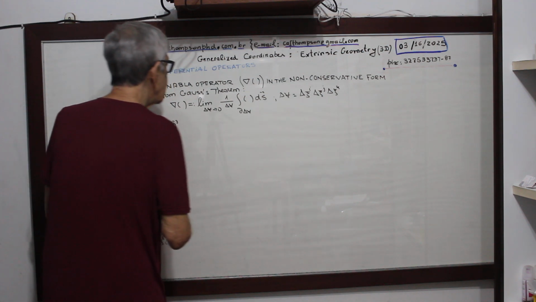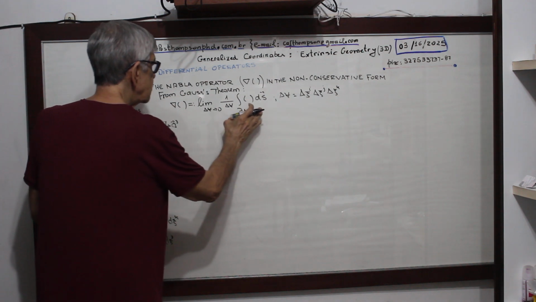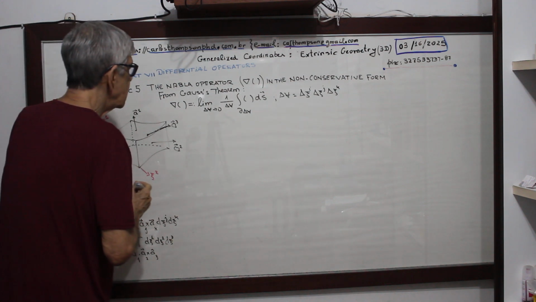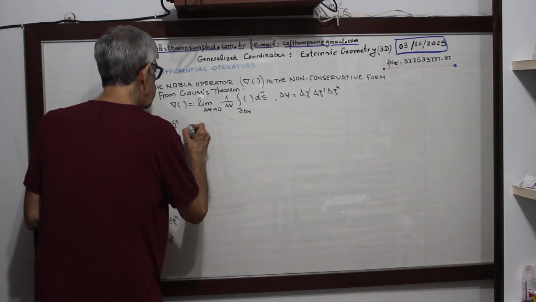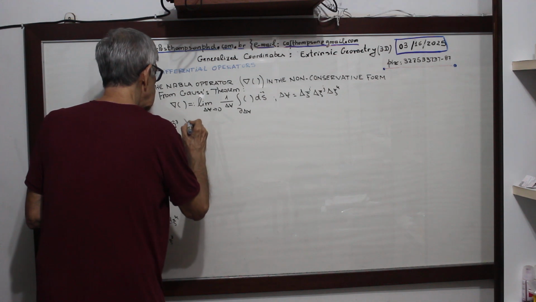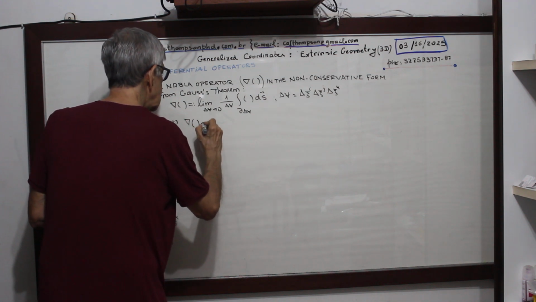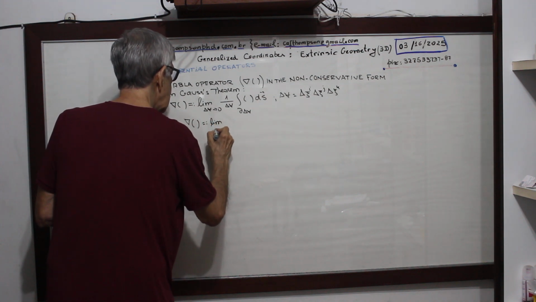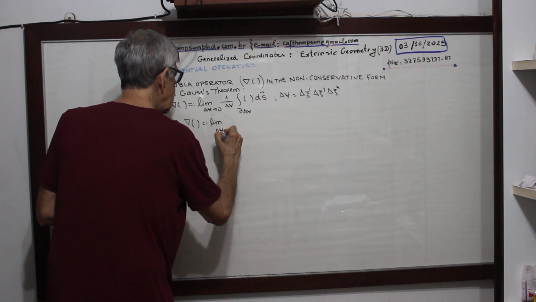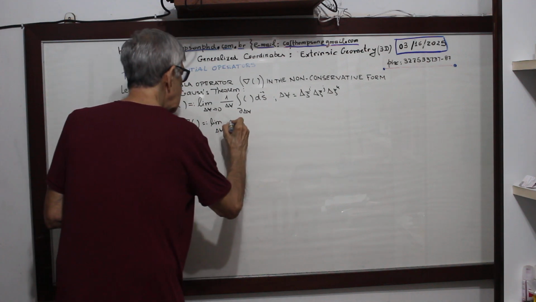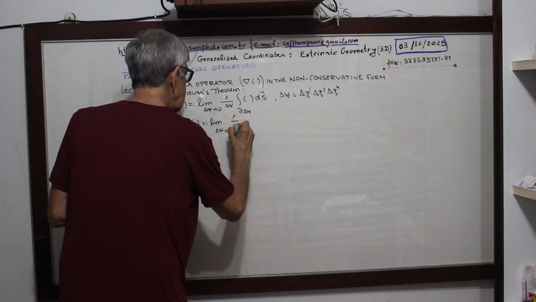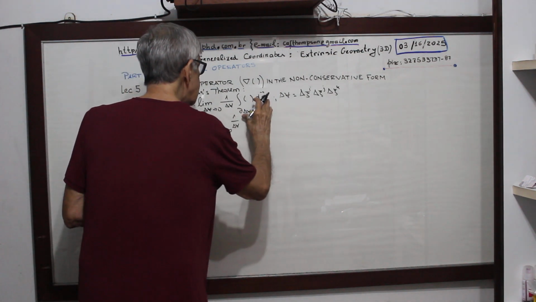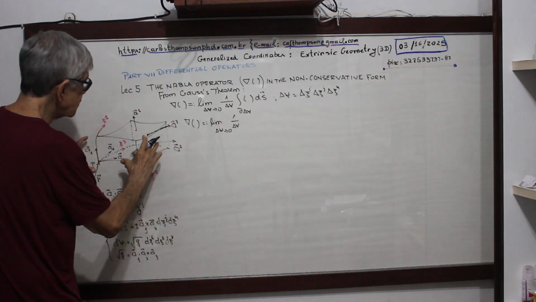Now, let's do as follows. Apply this integral on the boundary. Then I can express this operator as equal to the limit, as delta V goes to 0, of 1 over delta V. Now, this integral here, you see, there are 6 surfaces.